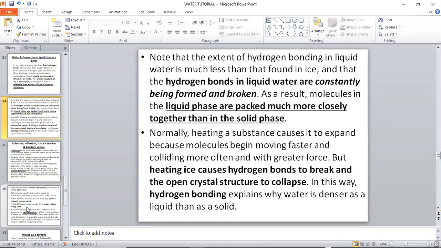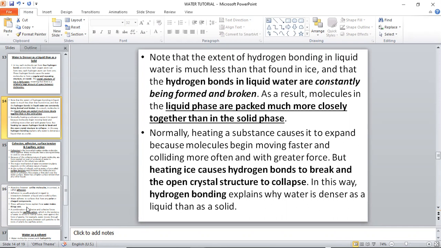This leads to the molecules being more tightly packed in the liquid state than in the solid state. When you heat a substance, normally it has to expand. The molecules start moving faster and colliding more often and with greater force.